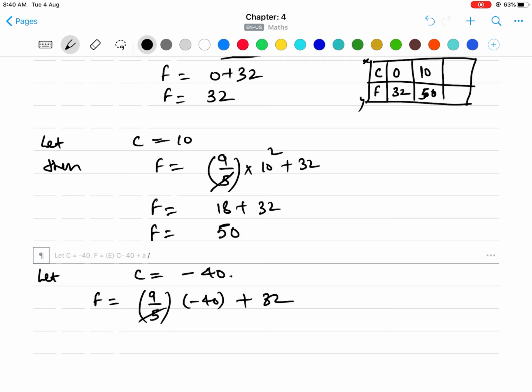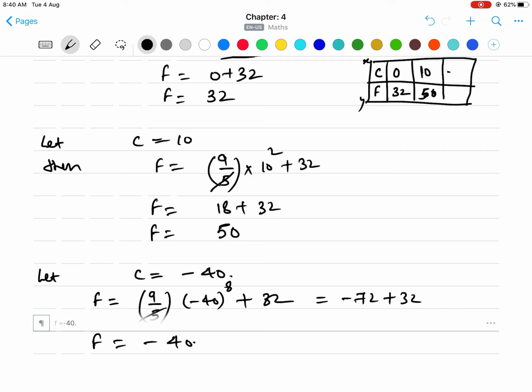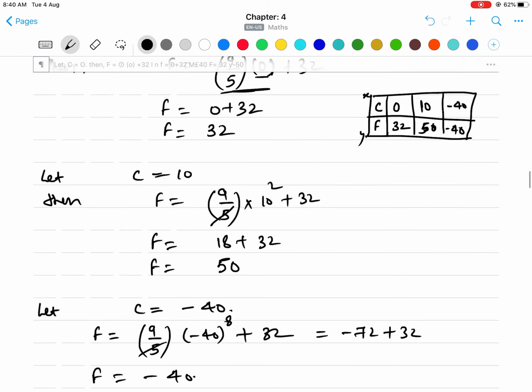This 5 will give us 8 here. So this 8 into 9 will be minus 72 plus 32. This F will result into minus 40. So on taking C as minus 40, we are getting F also as minus 40.